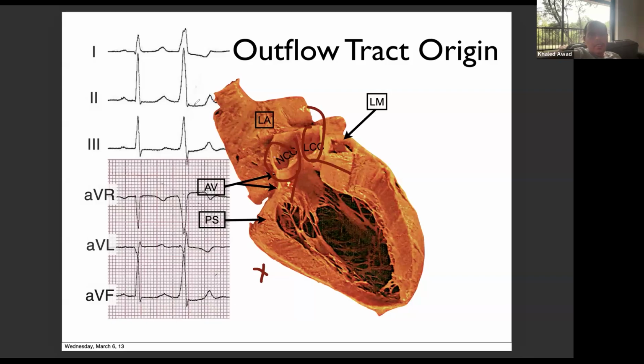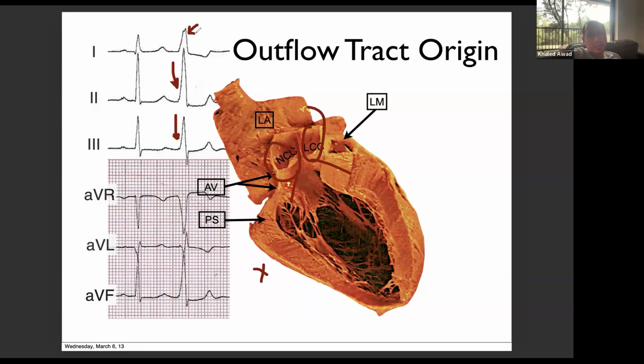Non-coronary cusp are also lower. So then we start looking at things that are positive in the inferior leads, but also have a slightly different ratio between leads 2 and 3. Lead 1 tells us if we're septal or not. If we're closer to the septum, lead 1 is going to be positive.